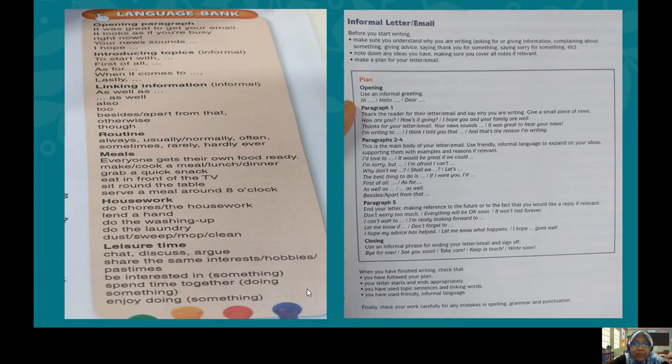Next, linking of information means when you want to relate one piece of information to another, you can use all these words: as well as, also, besides, apart from that, otherwise. Of course, there are a lot. This one is only for simple guidance for you.